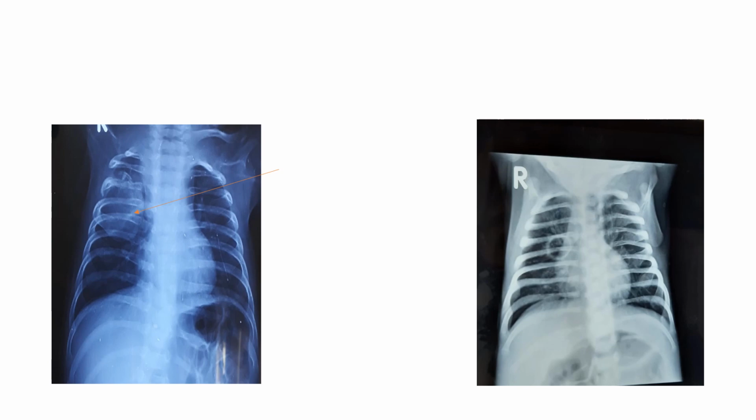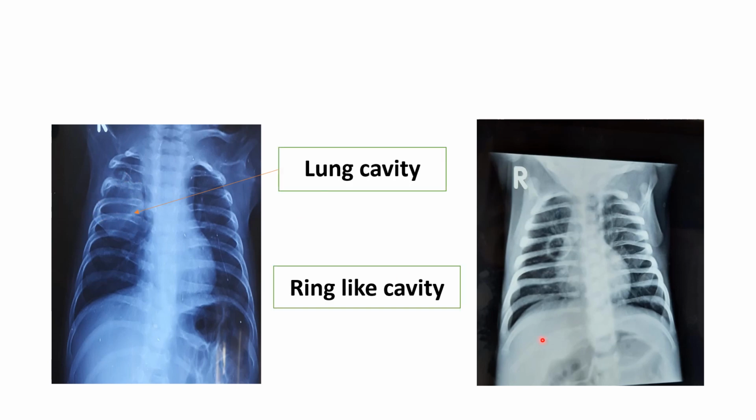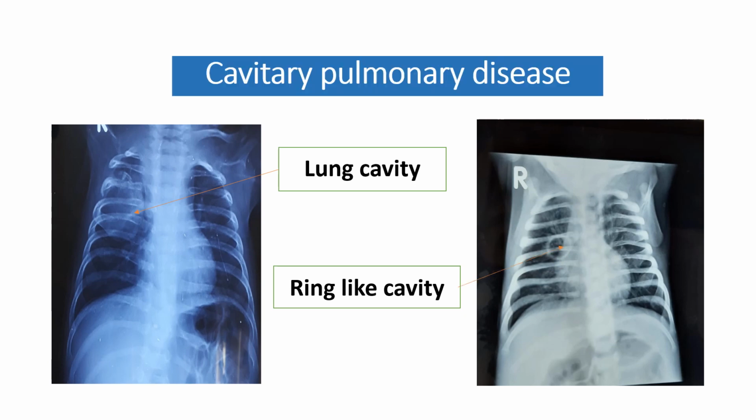Now in this X-ray, you can see the cavitary lesion is present in the right upper zone, and in this X-ray you can see a ring-like cavity present in the right middle zone. So these are the various X-rays of cavitary pulmonary disease.